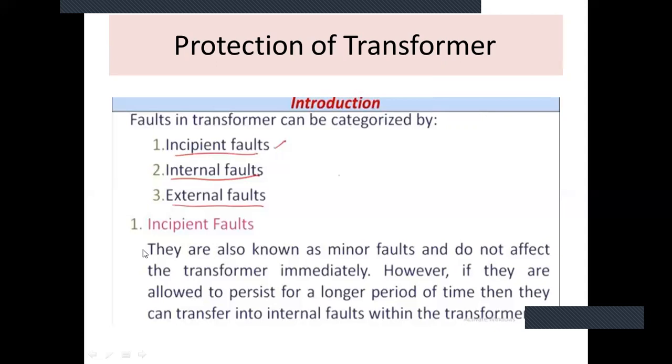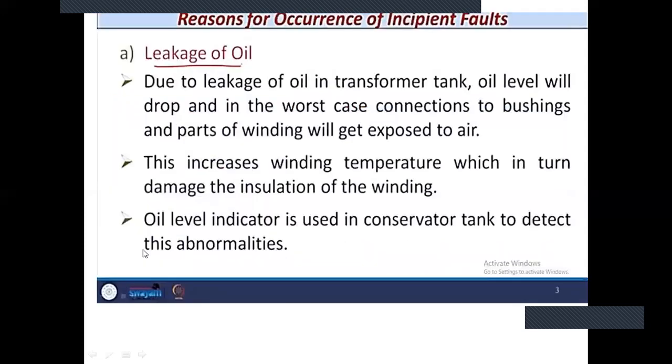So let us see the reasons because of which an incipient fault may occur in the transformer. Let's discuss these one by one. The first reason is the leakage of oil.